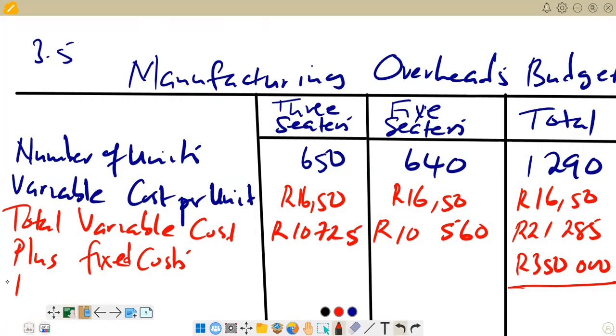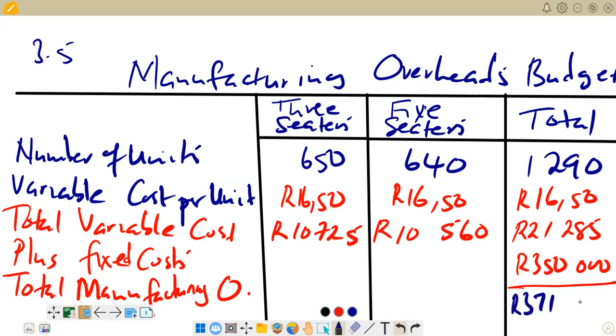So here now we have got total manufacturing overheads. So this is what we have. So if you add the two, there, the total that we're supposed to get is 371,285. Right. So this is what we have, guys.